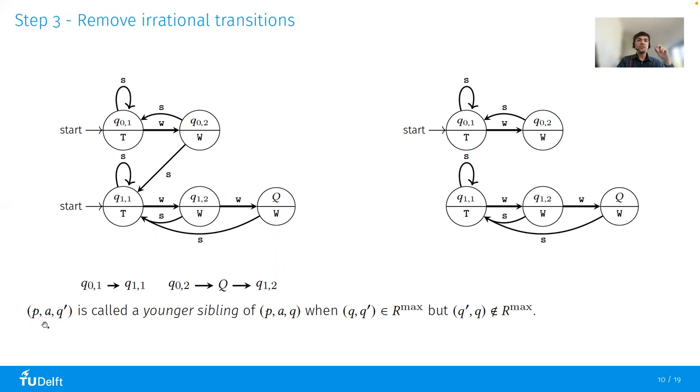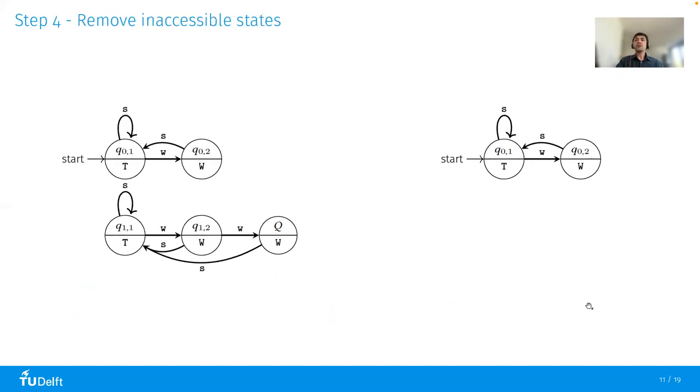So I remove all of the younger siblings. This is the case for the initial transition, initial state here, which we assume without loss of generality to be picked by the environment. And this is also true by this transition S here that we remove, because I can either go to Q01, which is easier for the environment, or to Q11, which is harder for the environment. So this one is eliminated.